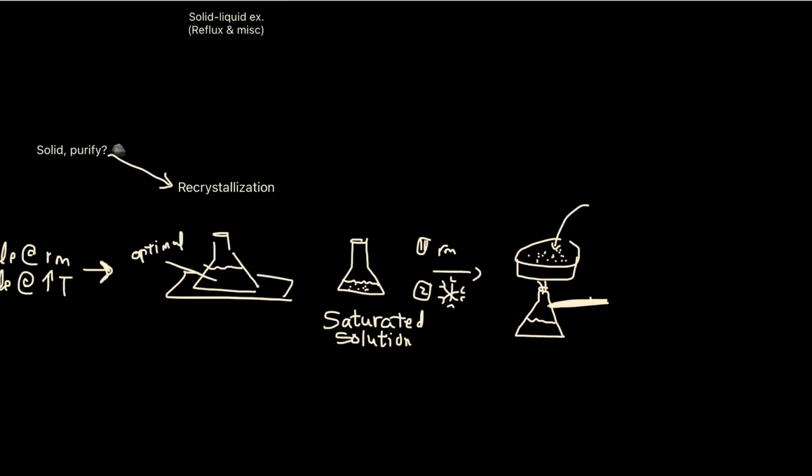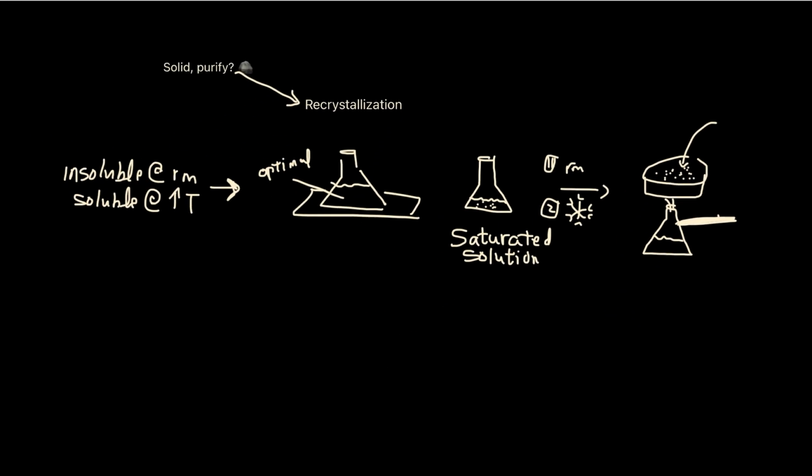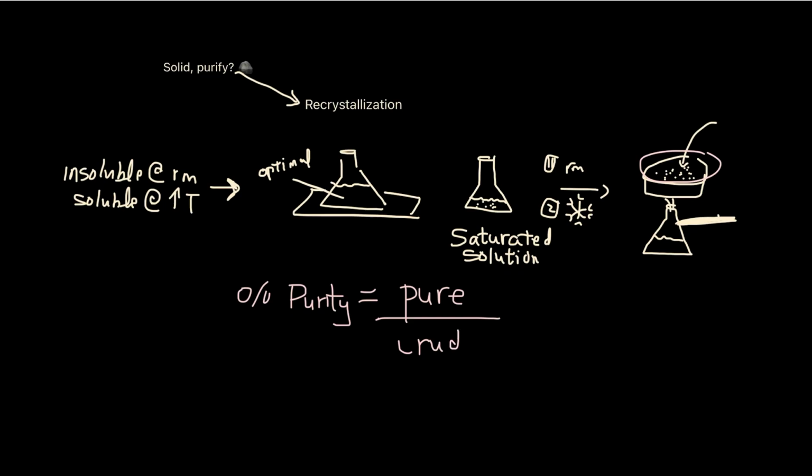And in the end, make sure to calculate the percent purity, which is the crystals you obtained at the end, your pure crystals, divided by your initial mass of the crude compound.